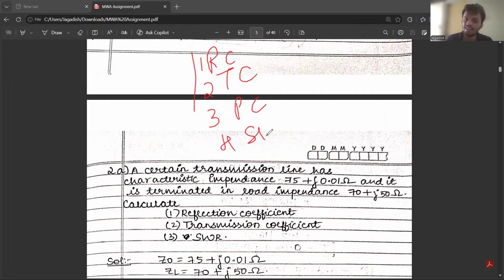SWR means the standing wave ratio. For everything there is a formula, so you need to remember and solve those problems. Based on that, you will get the marks. So don't make any mistakes here.